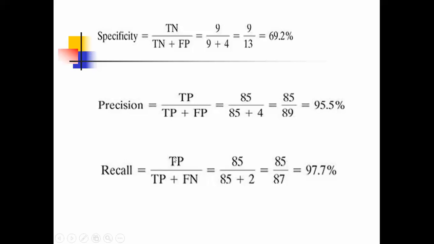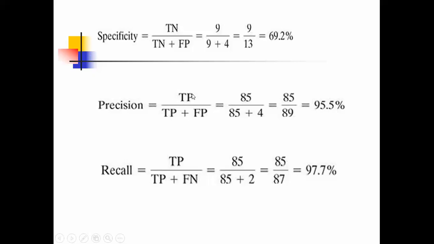Here under recall, recall is similar to sensitivity. Don't get confused, guys. Under precision we consider only the total number of positive predictions, that means wins, under our case study.